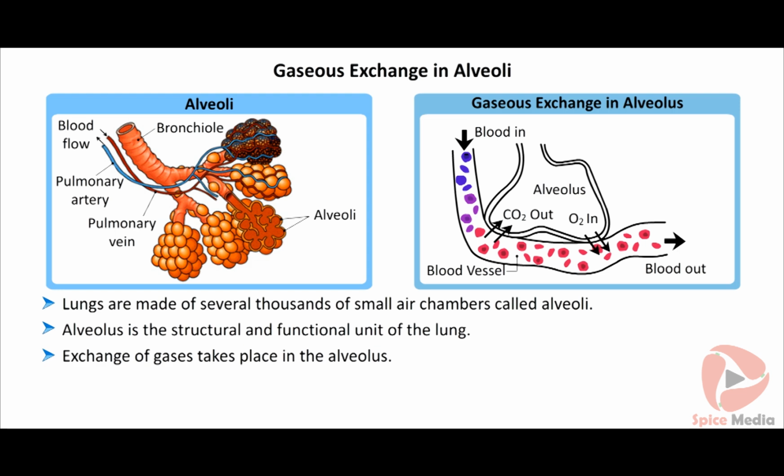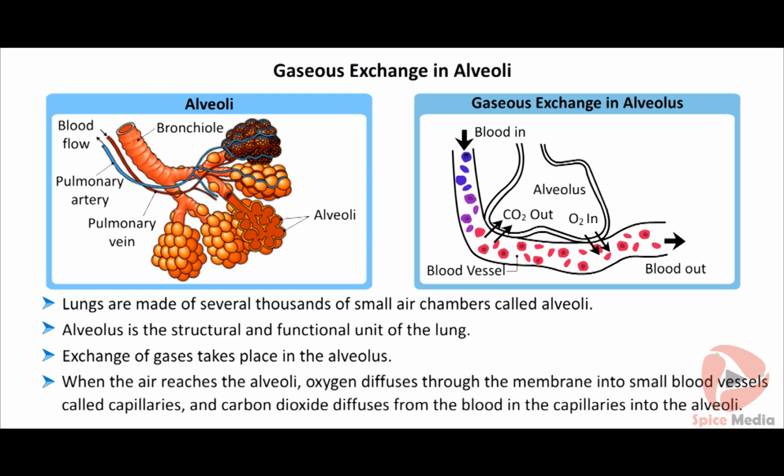Exchange of gases takes place in the alveolus. When the air reaches the alveoli, oxygen diffuses through the membrane into small blood vessels called capillaries, and carbon dioxide diffuses from the blood in the capillaries into the alveoli.